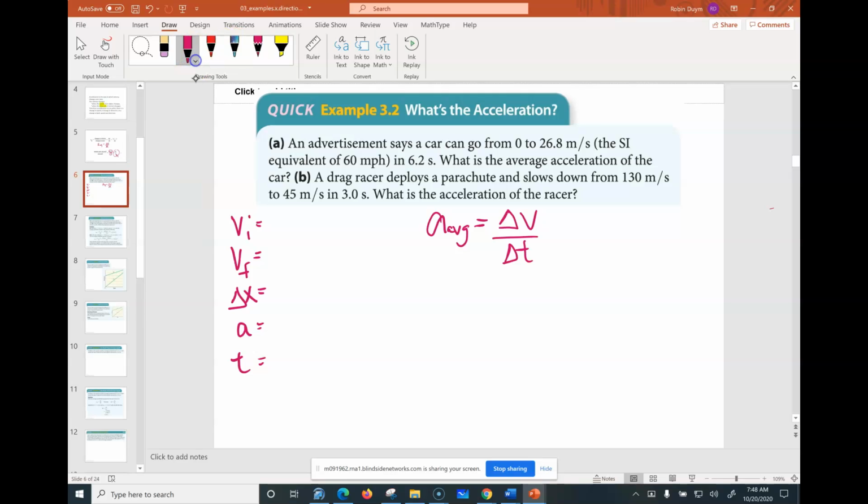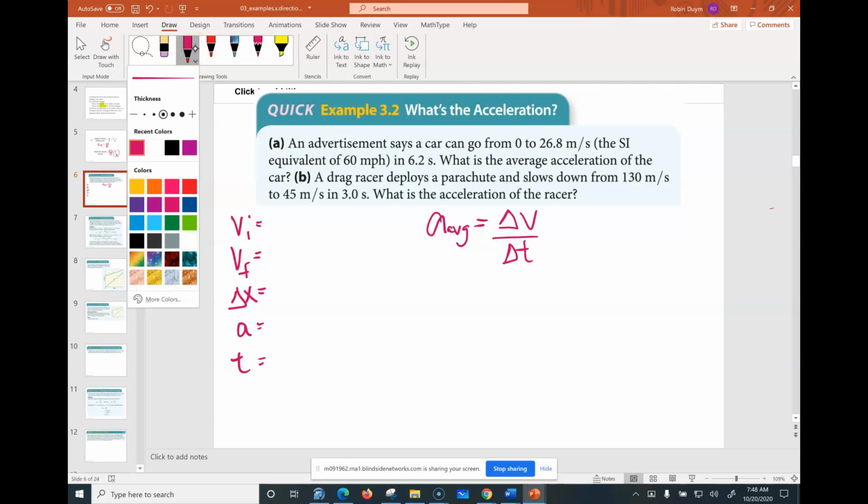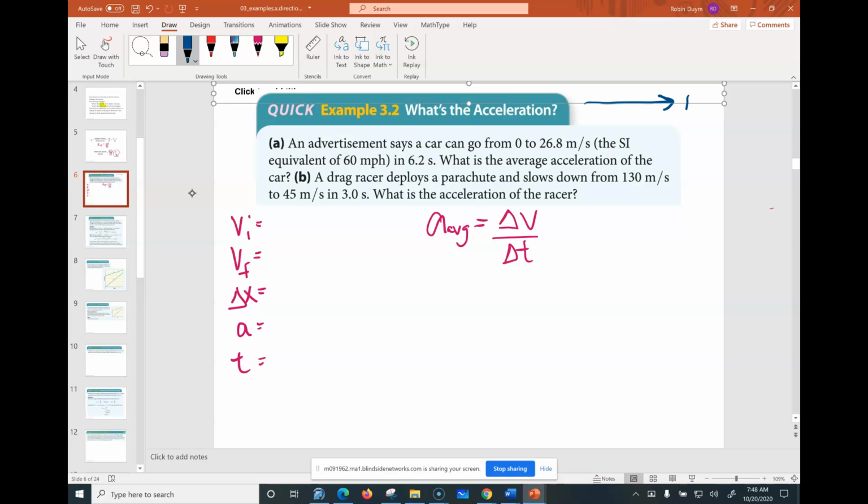You can draw a real quick diagram. There we go. Okay. So he's still moving this way. But this time, it's slowing down. Which way is the acceleration going to be? To the left.